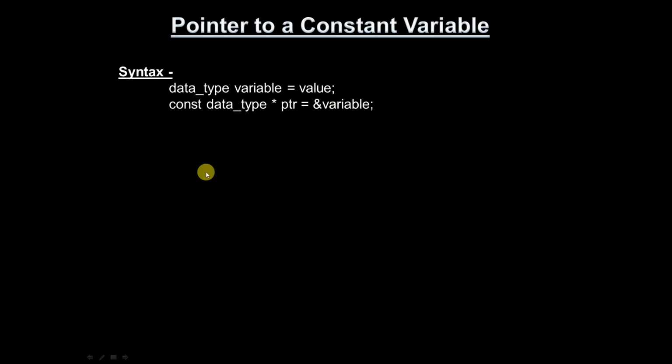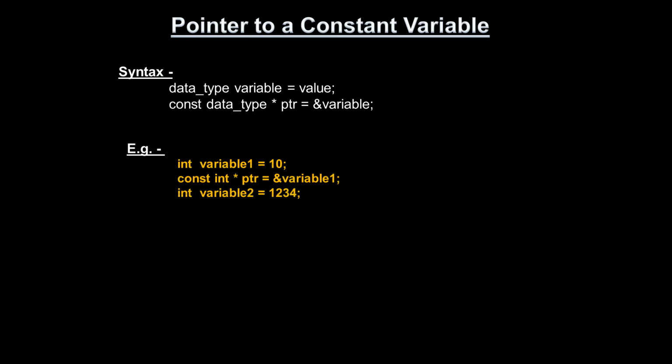Okay, now we'll see some example. So here, int variable 1 equals to 10. Okay, so it is at memory location 1000. Next, const int star ptr equals to address of variable 1.